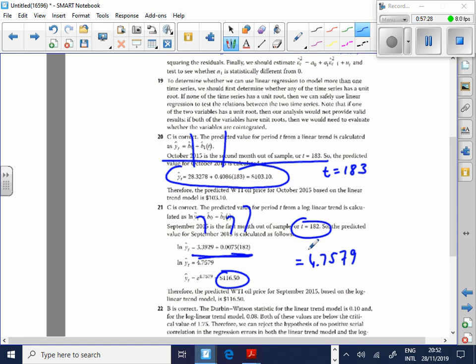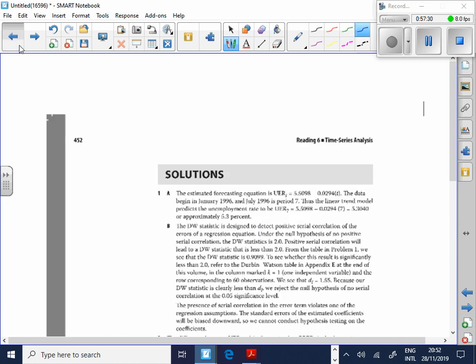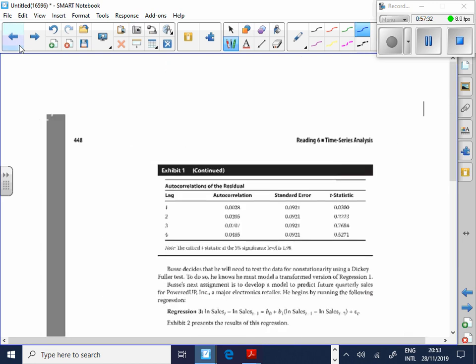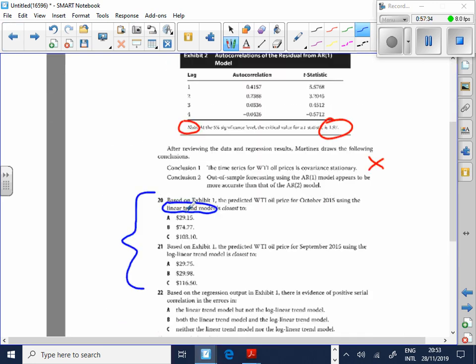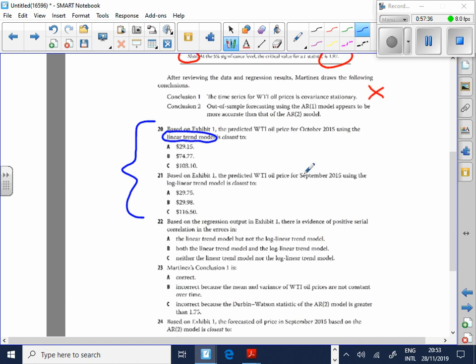Okay, let's go and look at number 22. Is everybody with me? 22 says, based on the regression output in Exhibit 1, there is evidence of positive serial correlation in the errors. In what?